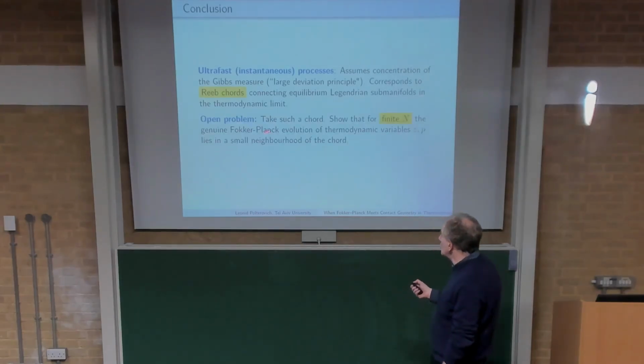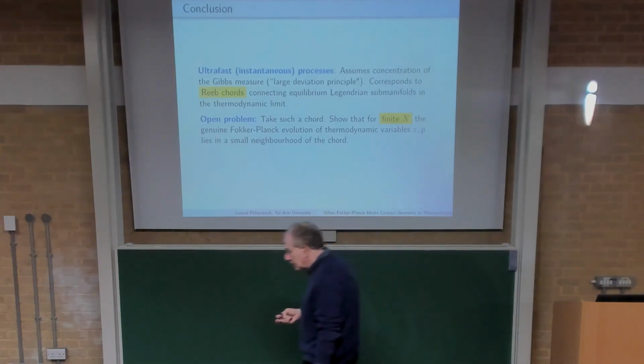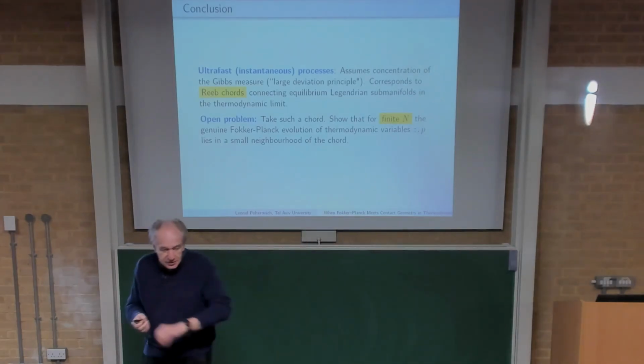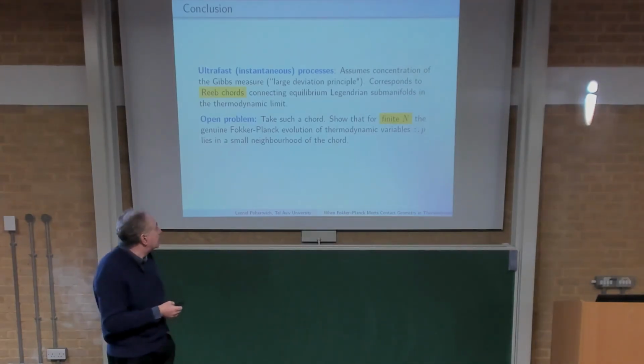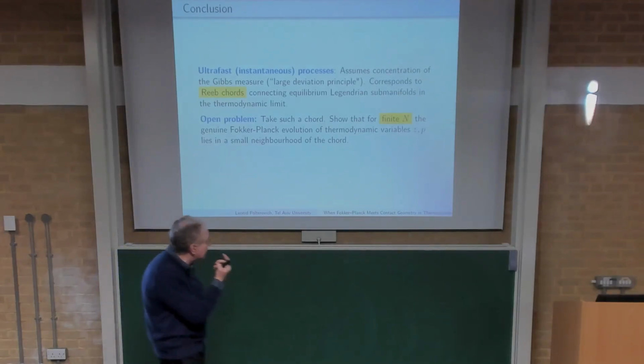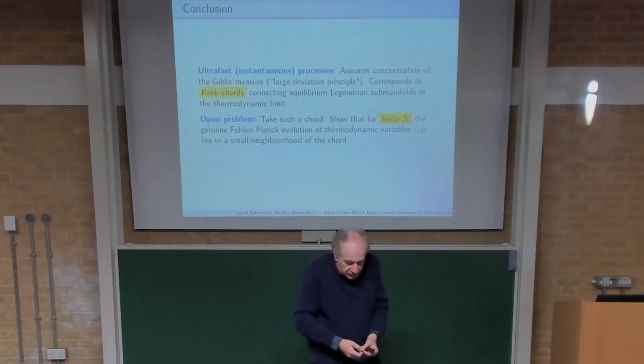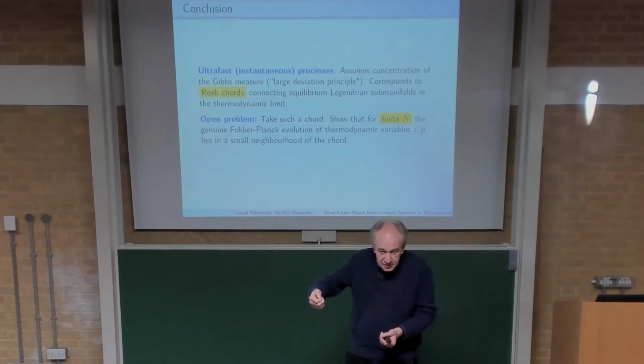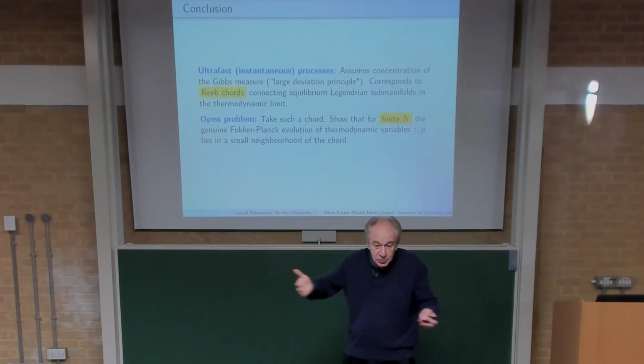And here is an open problem, which I think is nice to address in the PDE community. Take such a chord and show that for finite n, so you see, we found this chord in the thermodynamic limit, and interpreted it there, but in life, n is huge but finite.